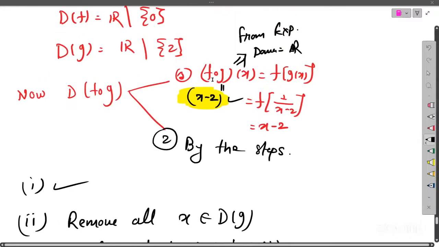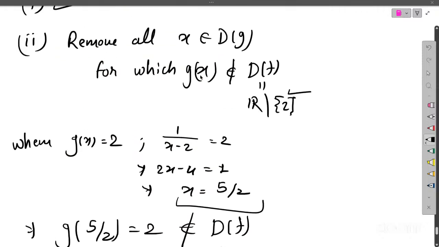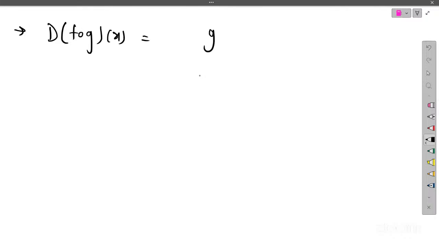Is there any doubt related to composition of functions still? Please explain it one more time. Yeah, sure. If you want to find the domain of f composite g of x, what do we want? First of all, we want g to be defined at that particular x, and then we want f to be defined at g of x. So first we will find the domain of f and the domain of g.